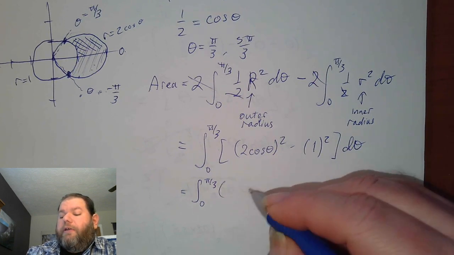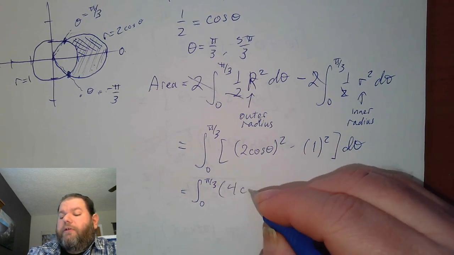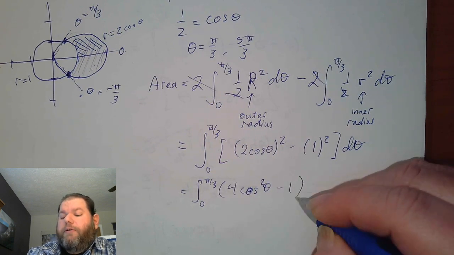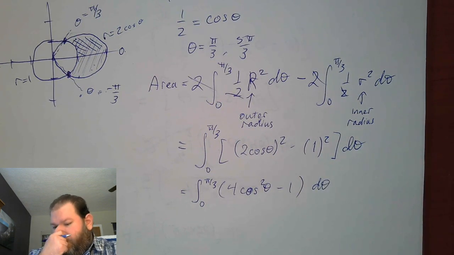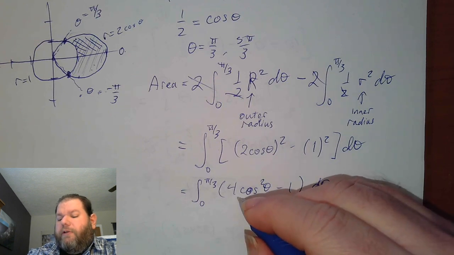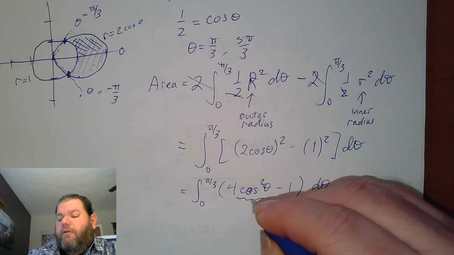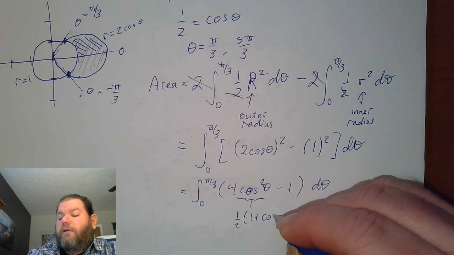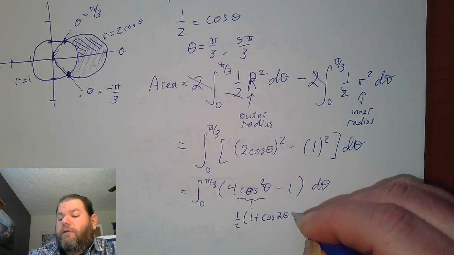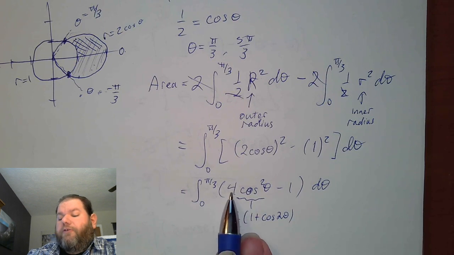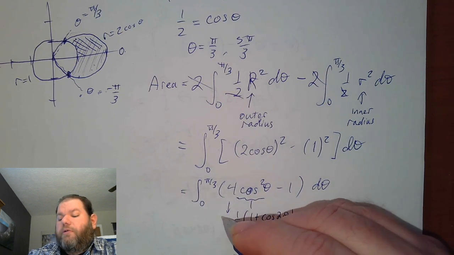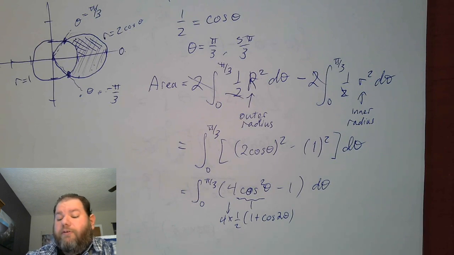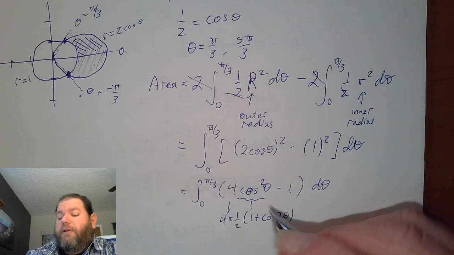So that'll be 4 cosine squared theta minus 1 d theta. Now, cosine squared theta, again, this is 1/2 times 1 plus cosine 2 theta. Now, this is also multiplied by 4. So 4 times 1/2, so it's actually a 2 distributed.